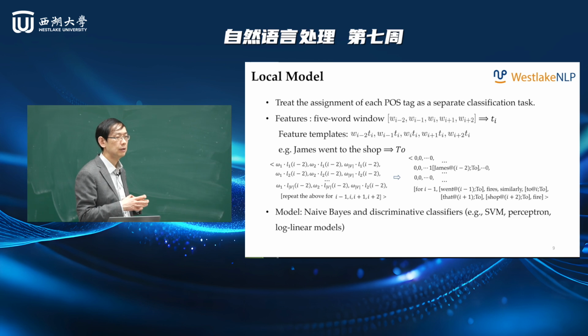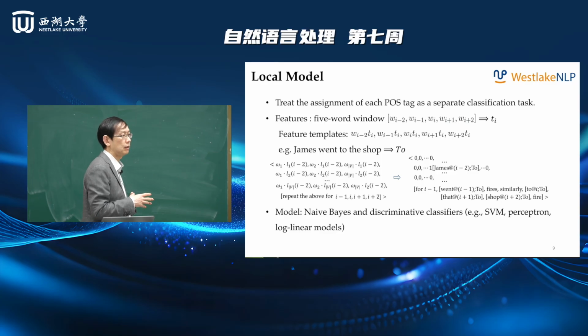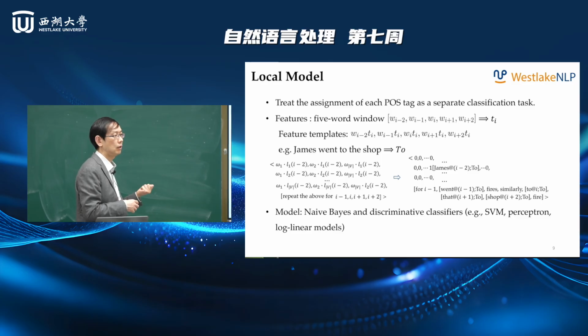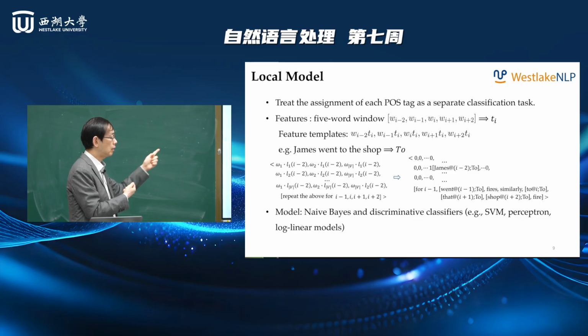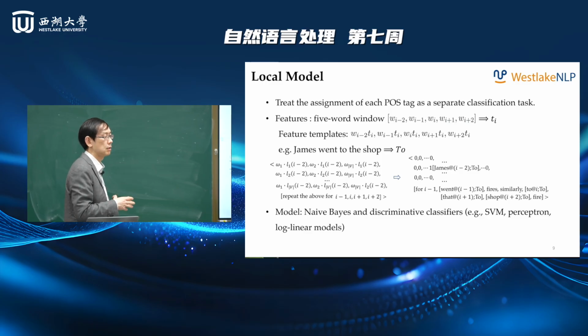These are a little bit different from the feature templates you used to see. You used to see a feature template in WC, for example, right? Word and class label combination. But why are there subscripts to W and T?